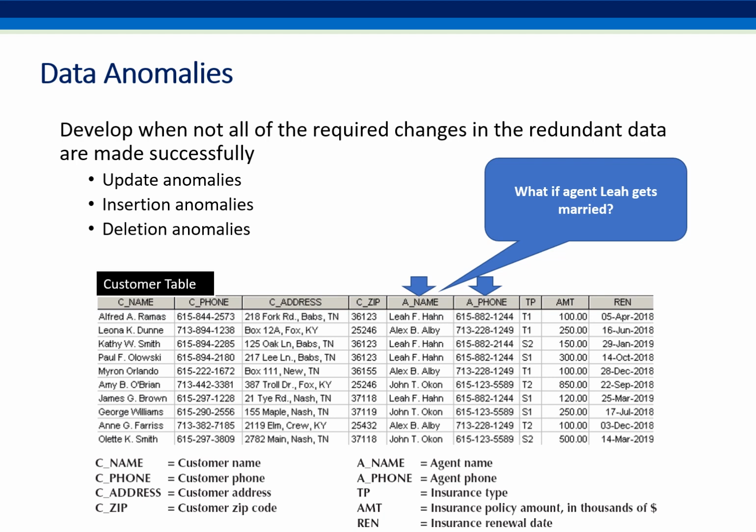Anomalies. These are things that can happen to your database when, again, the structure and the design is not good. So let's say in this table we have an agent name, and her last name is right in here, there she is again. Let's say she got married, and in the customer table, it pulls the agent's last name.